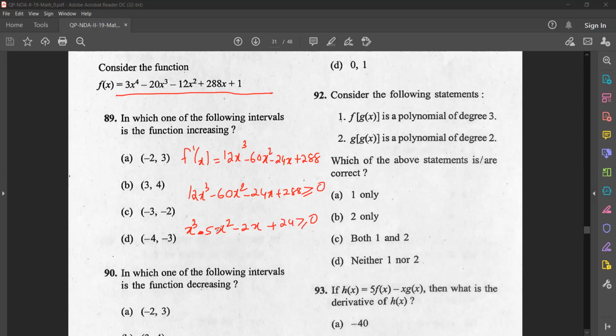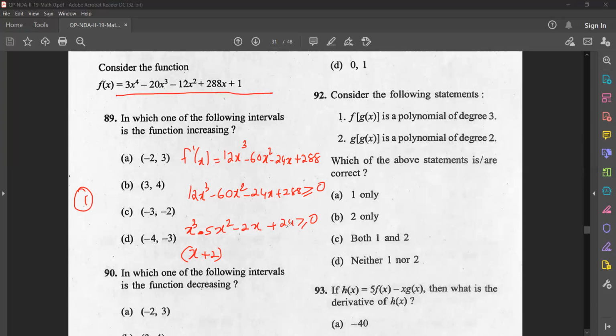So I need to find how I can factorize this. Is x minus 2 a factor of this, or x plus 2? How to get one factor? You put 1 and see: 1 cube minus 5, so 1 minus 5 minus 2 plus 24.